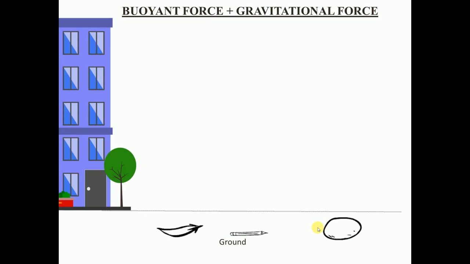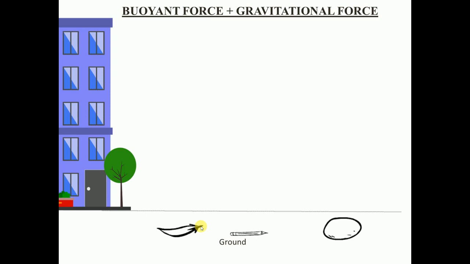So the gravitational force will be acting on all three objects, but the second force is the buoyant force. Basically, buoyant force is the force applied by the air which is protecting the objects from falling towards the earth. So here two forces come into the picture: buoyant force, which is due to the air, and the gravitational force.